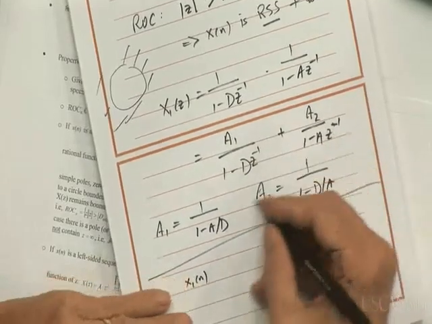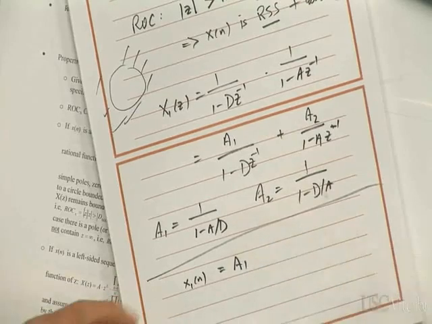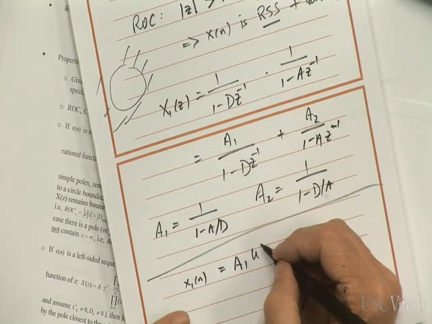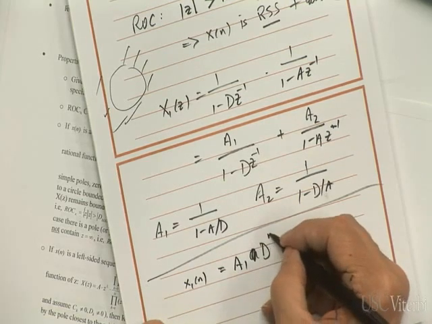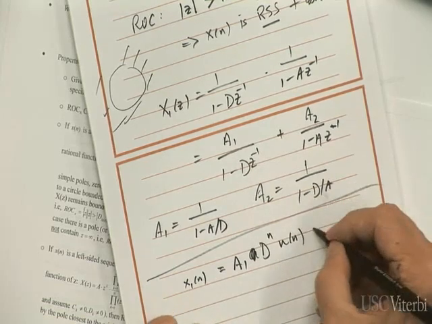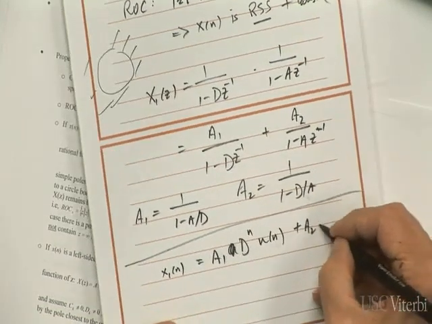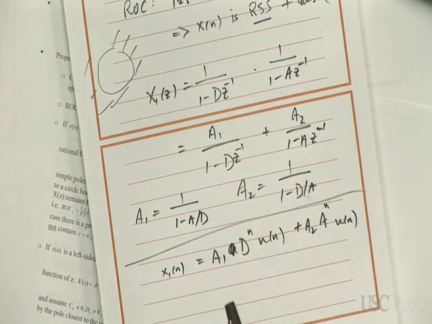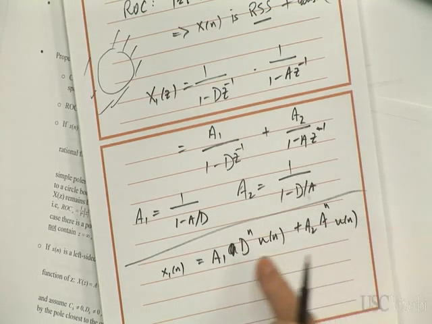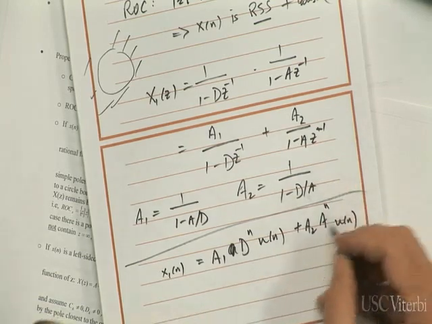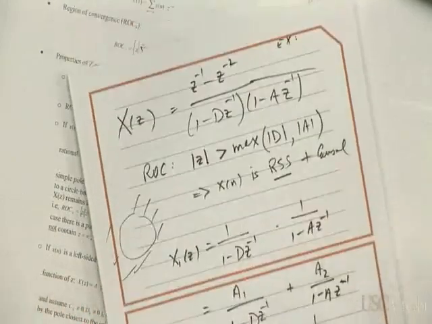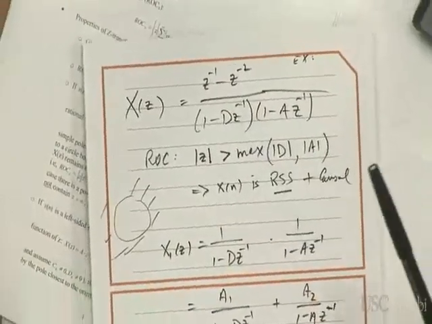In either case, you will end up with a right-sided sequence, which is d to the n times u of n plus a2 times a to the n times u of n. So you can use the right-sided version of the inverse z-transforms of those, and that's what you get for x1 of n. And it certainly is right-sided, right? You would agree with that. Okay, we're done. Not quite, because this is not the z-transform I gave you.